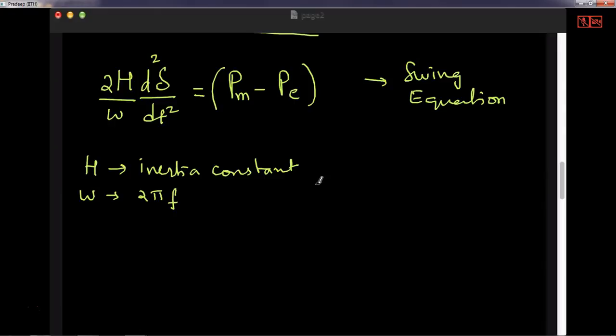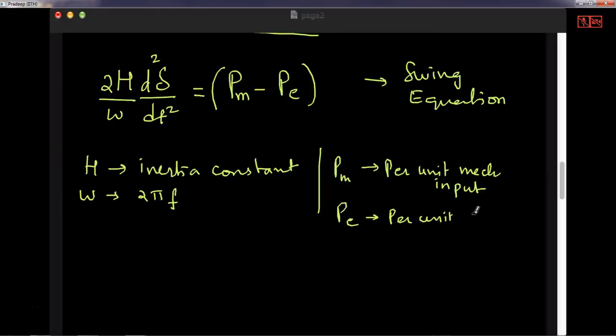Whatever is the supply frequency, I have PM as per unit mechanical input and PE as per unit electrical output. So what is the condition under steady state condition? PM minus PE should be equal to 0 because the acceleration should be 0. Acceleration is 0 means your velocity is constant.